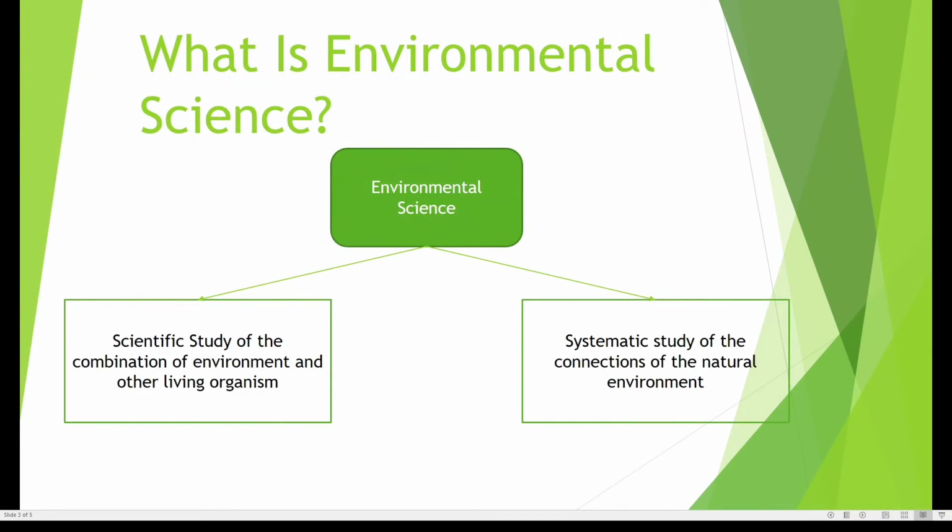Environmental science is the systematic and scientific study of the environment in combination with living organisms, as it's an interdisciplinary study of how the earth has survived and how humans interact with the environment in order to live with it sustainably.